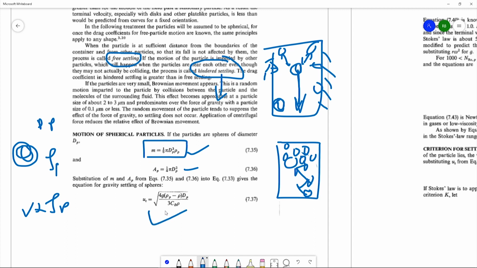So just put it and rearrange or simplify, you'll get this. This is the terminal velocity for a spherical particle under the gravitational force. Okay. Again, CD can be calculated from Reynolds number. So I'll show you in a while. Okay, so this is the terminal velocity of a spherical particle of density rho p, which is moving inside a fluid of density rho, right?